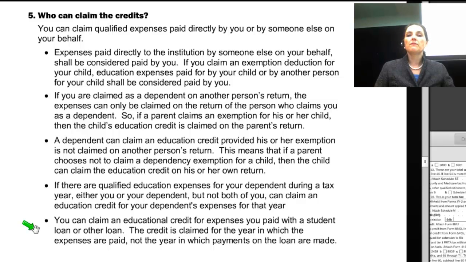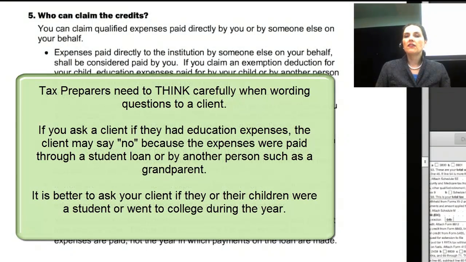Now, this is a really good example of a situation where tax preparers should put careful thought in how they interview tax clients. Because a tax client does not understand tax law. That's why they're coming to a professional tax preparer to get their return prepared. So the tax preparer needs to be aware of the line of reasoning and thinking that may be going on in the mind of the client. For example, if I ask my client, did you have any educational expenses during the year?